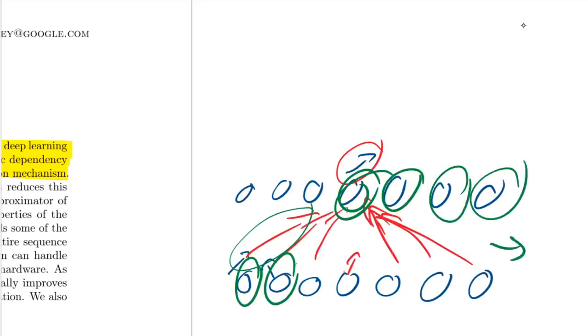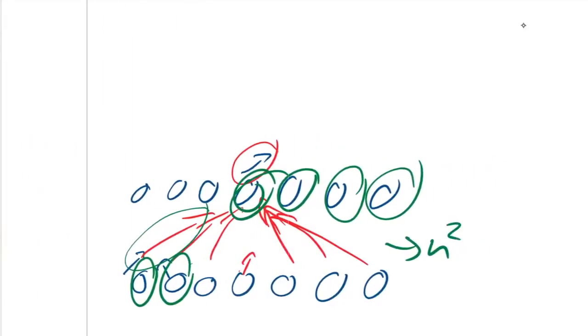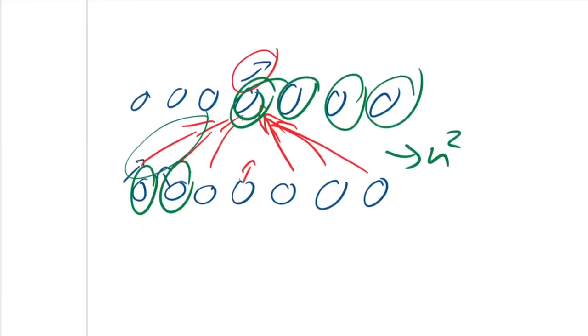So what you'll ultimately get, if n is your sequence length, is some n squared amount of computation and memory requirements. This is a problem, and usually this means that the sequence length in BERT is limited to something like 512 tokens, which is okay for some applications.